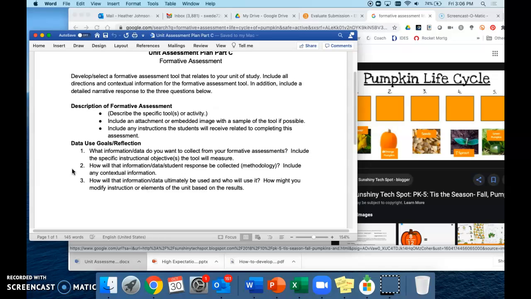Okay. Are there any ways that you would have to modify your instruction or elements of the unit based on the results? So for example, if the students didn't understand that the pumpkin vine has to have a flower bloom before the pumpkin can grow, they might not understand that order of things.